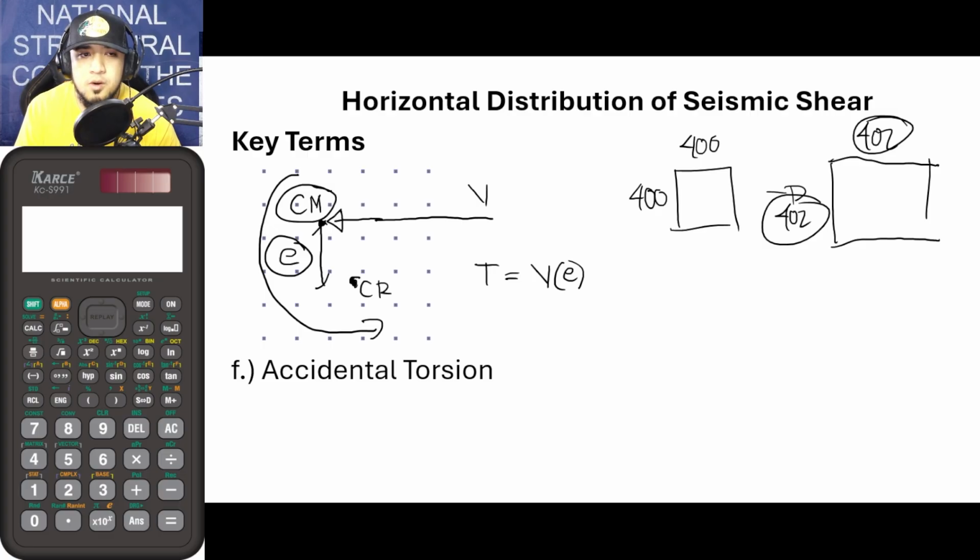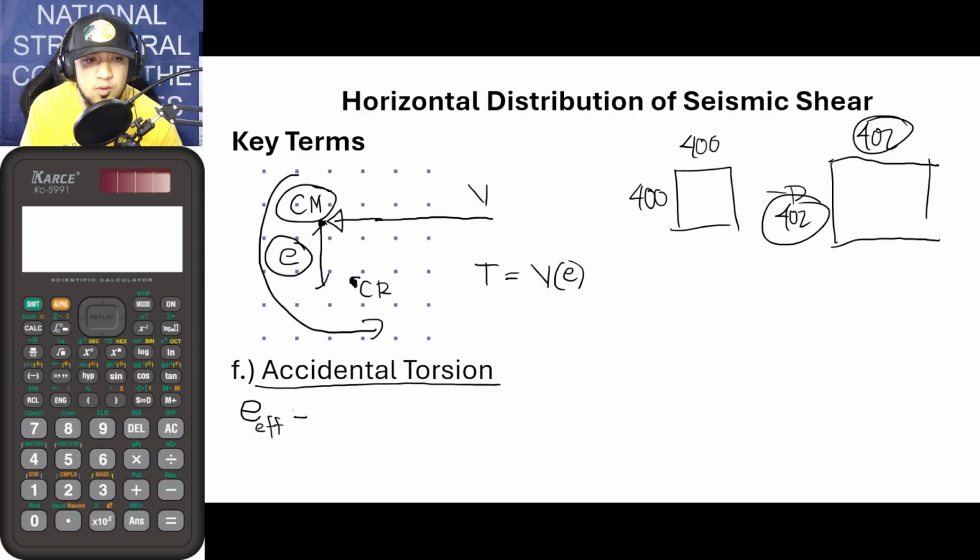Okay? So in order for us to take into account that uncertainty, we would now be making use of the code provision for accidental torsion. So what the code provision suggests is that for the eccentricity, let's say that this is the effective eccentricity that we will be using. Okay?